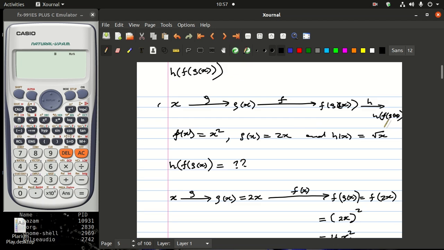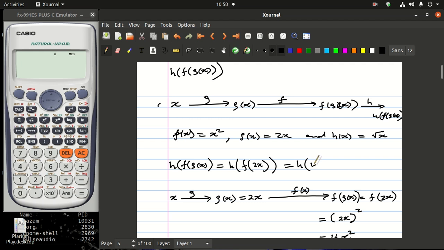So if, let's say, now we're looking for this, I'm going to take this and plug it inside here to get 4x squared. What we just did was h of f of g of x, where g of x is 2x, and then I take this and plug it into h.